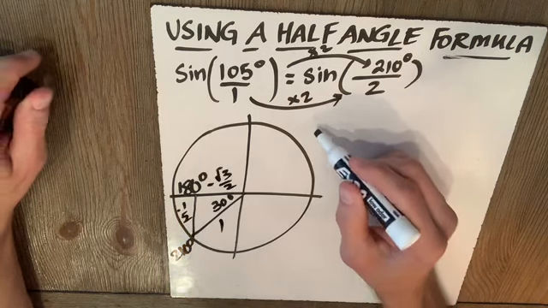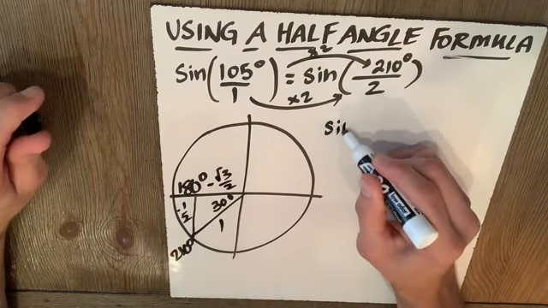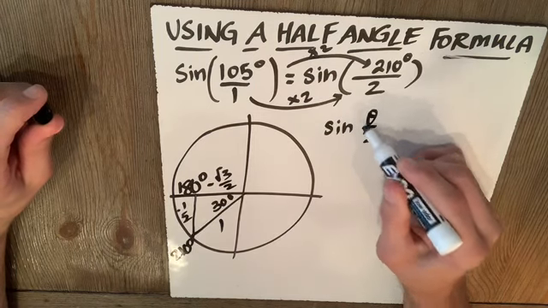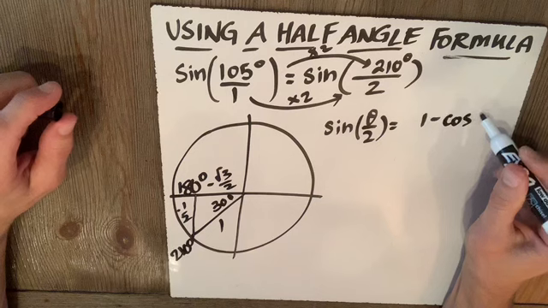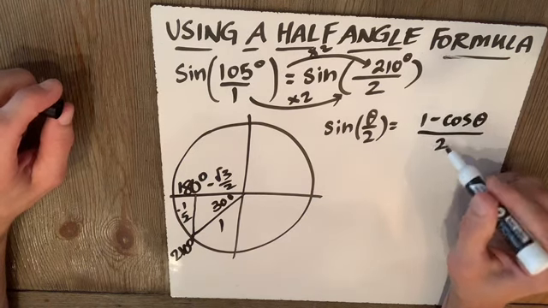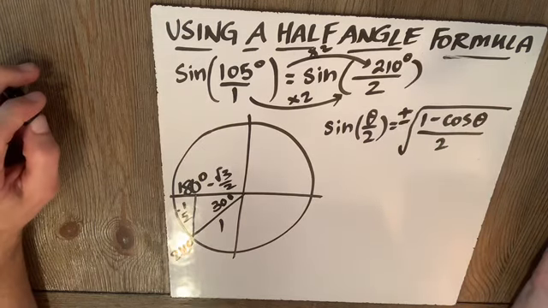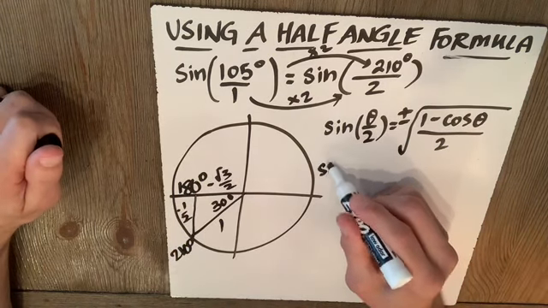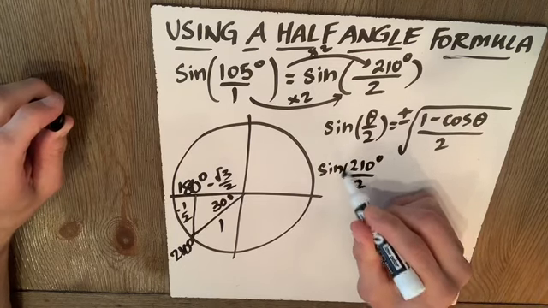All right, so I know that I am talking about this formula. Sine of theta over 2 is equal to the square root of 1 minus cosine of theta, over 2. Now, at the very end, I'll decide plus or minus. So playing the role of theta now is 210 degrees.